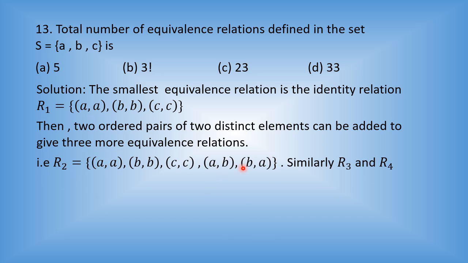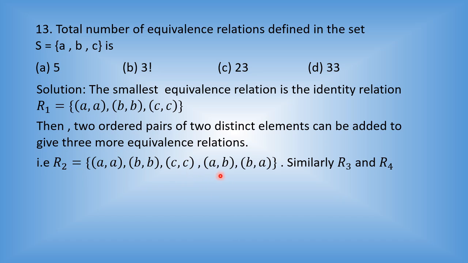If I add the ordered pairs of two distinct elements like this, this is also an equivalence relation. This is symmetric as well as transitive. (A, A) is present, (A, B), (B, A) and (B, B), so (A, B) is present here. Therefore, R2 is an equivalence relation.